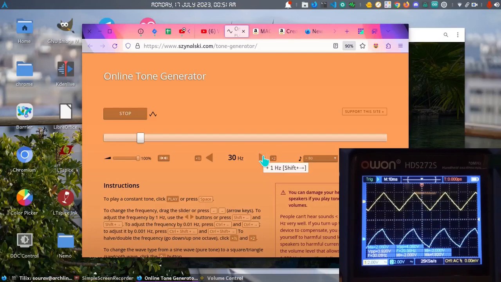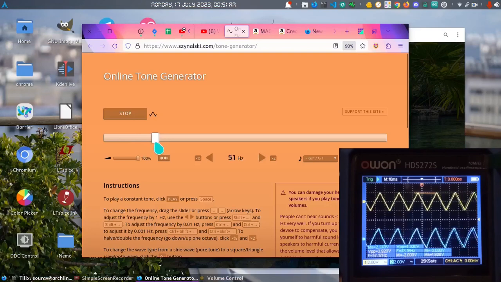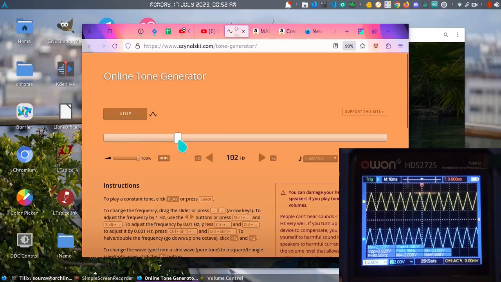Now you can see that the acquire takes less time. So let's ramp up that to 50 Hertz and see what happens. At 50 Hertz, you can see that the Soundblaster is looking way better than what it was at 10 Hertz, of course, and of course at 20 Hertz. But if you keep going and going, the 50 Hertz will also look bad, because at higher frequencies it will correct itself.